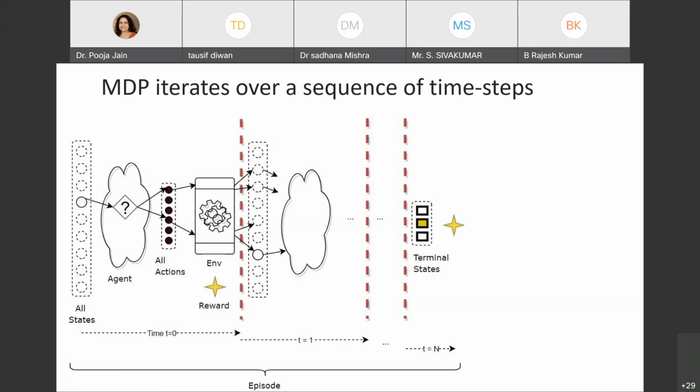You may also play several games. Suppose you play this game 10 times, so 10 episodes are considered. In one episode, these many time steps are there. It is also possible that in episode 1 there are 10 time steps, and in episode 2 only 6 time steps. Are you getting the concept of episode and time steps?